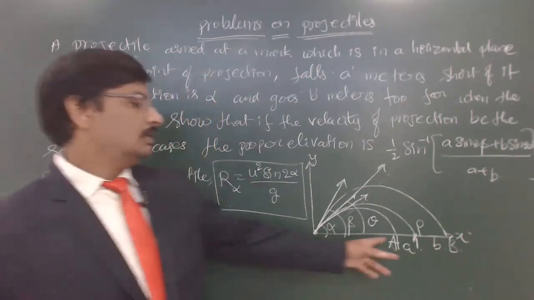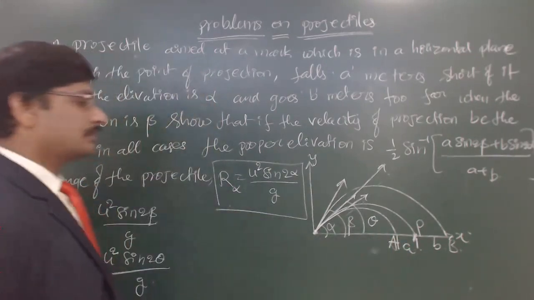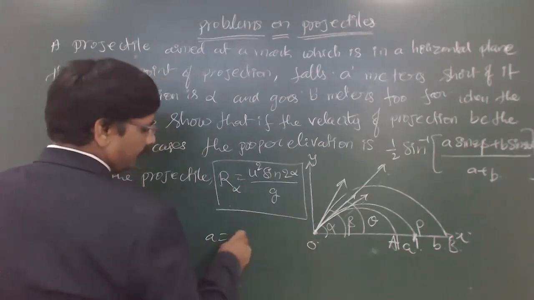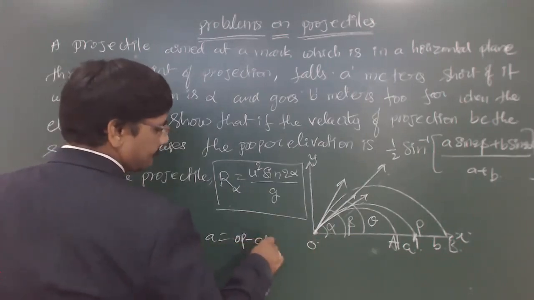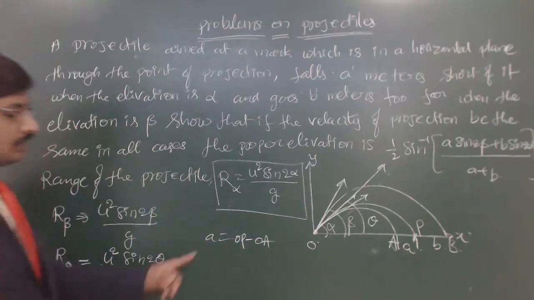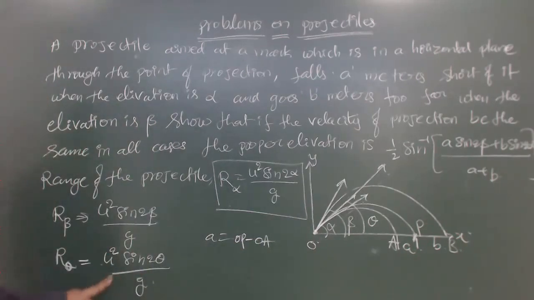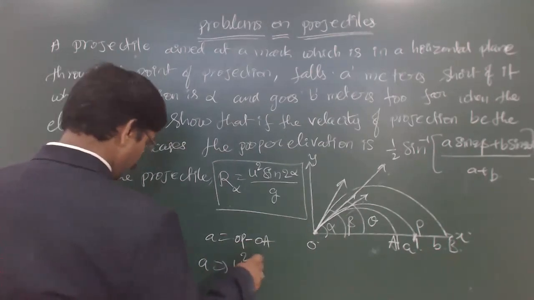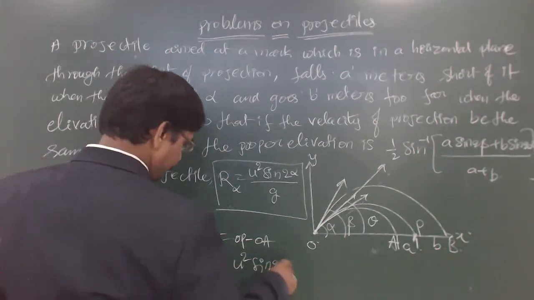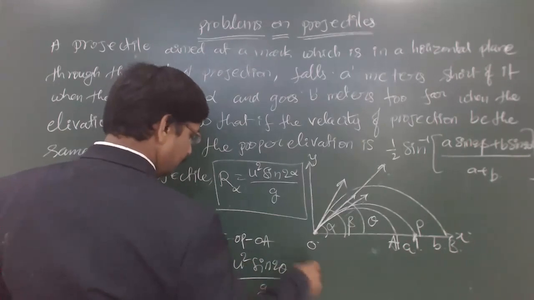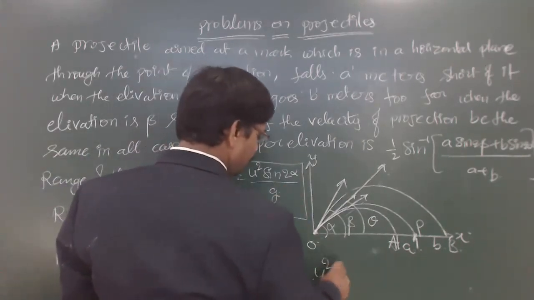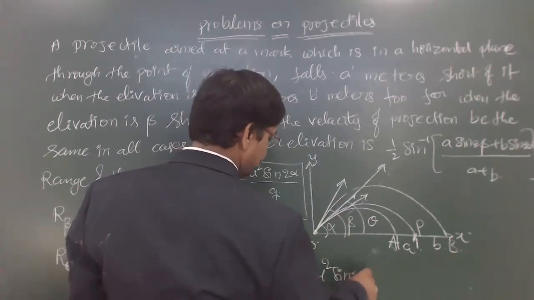Now here in the first case, A is equal to OP minus OA. OP is the appropriate range, so A is equal to u square sine 2 theta by g minus OA, which is u square sine 2 alpha by g.